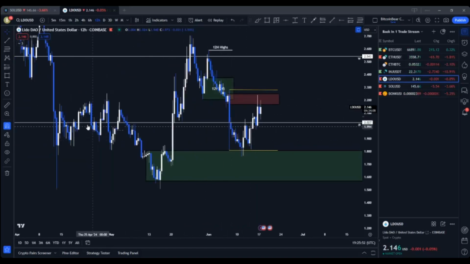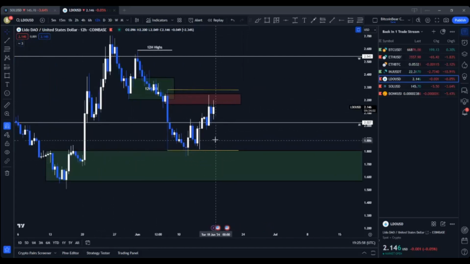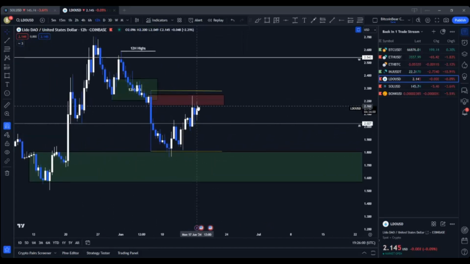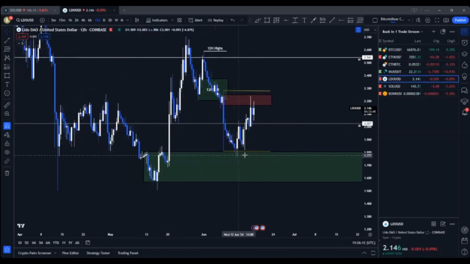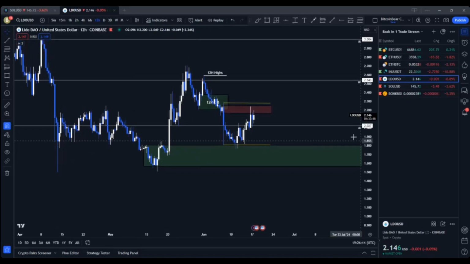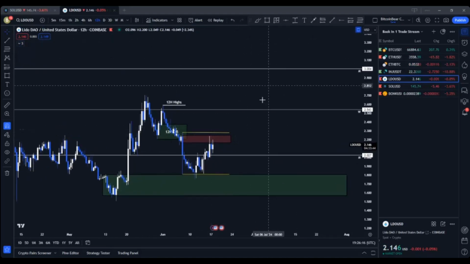Take it with a grain of salt. Now we're retesting this. Usually when we get multiple retests, it means we can finally get a break. If we do close above here, that'll be a bullish market structure break, and you would give this trade even bigger certainty that we keep going up.